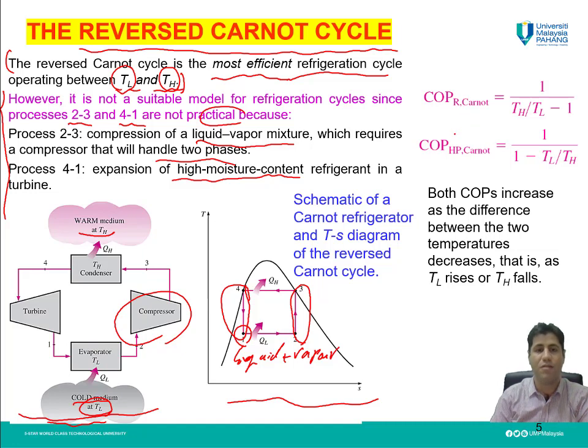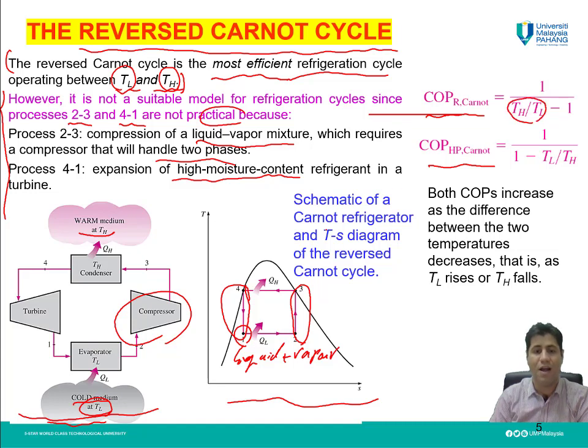But as an idealized cycle, the COP for the most efficient refrigeration cycle is the COP of the reverse Carnot cycle, and it is equal to 1 divided by (TH divided by TL minus 1).